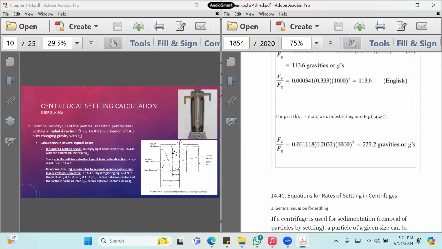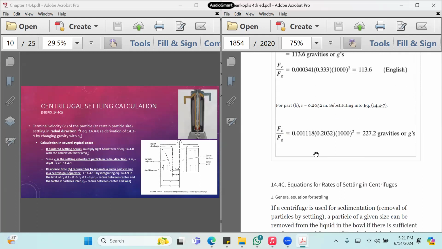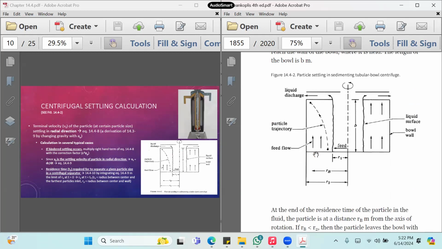So we see figure 2, the centrifuge as a whole. Now we see the movement of the particle. I hope that you still remember that in the settling and sedimentation subchapter, we talked a lot about the terminal velocity of the particle.